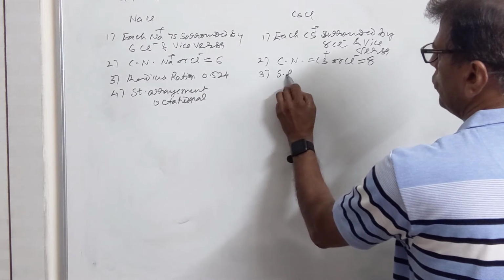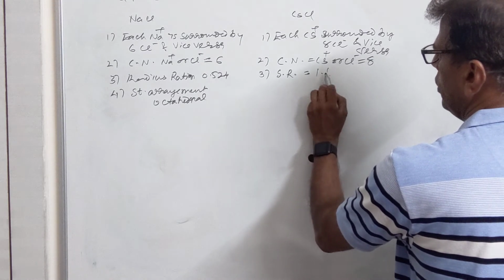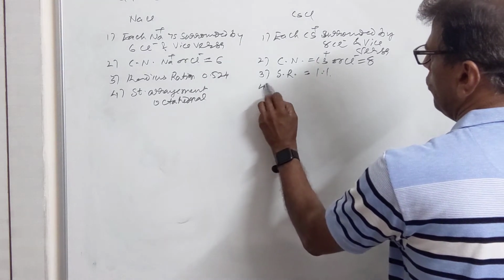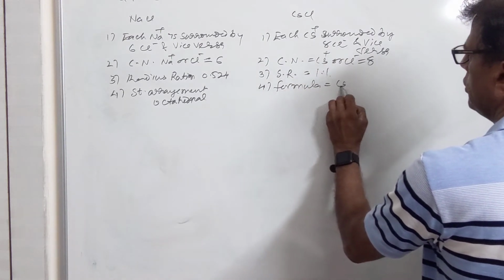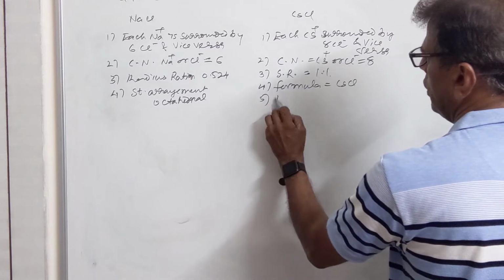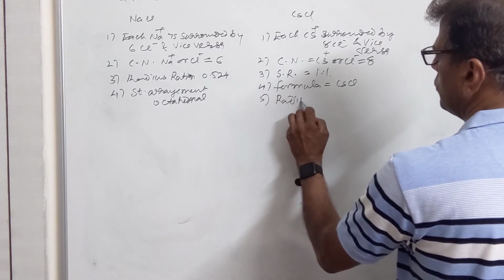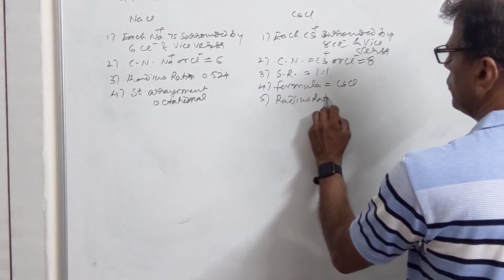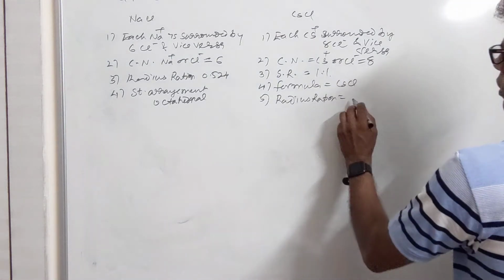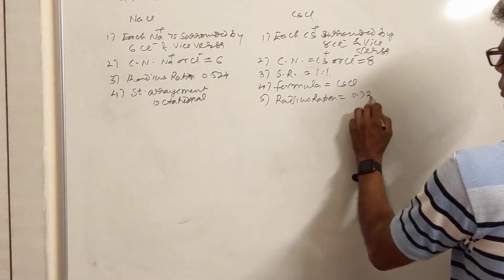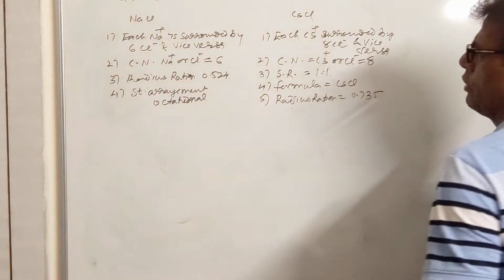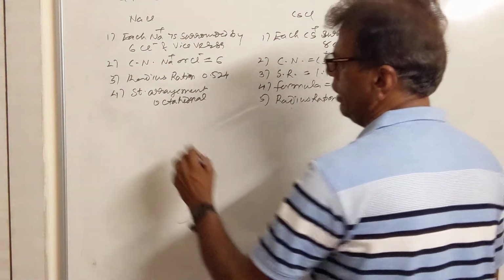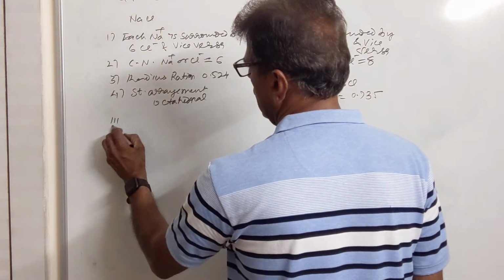Stoichiometric ratio, that is 1:1. Formula, that is cesium chloride. Radius ratio, that is 0.73235. It shows coordination number of 8. This is cesium chloride. Then we have the third structure, that is ZnS.